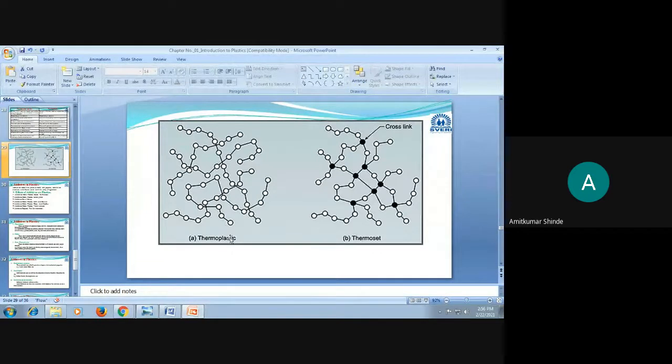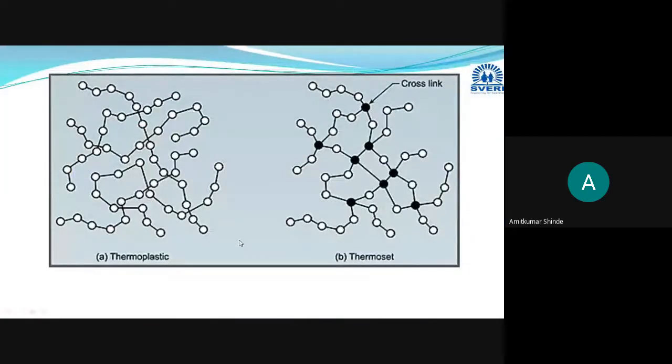I think now it is visible. Yes, sir, now visible. Okay, now please draw this diagram. After completing, please mention that you have completed it, so that I will move towards the next slide.